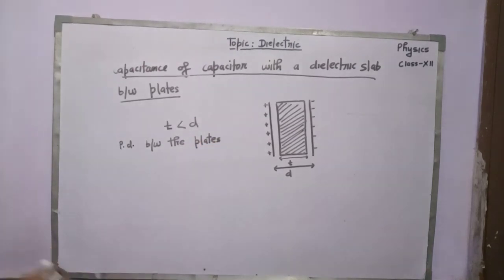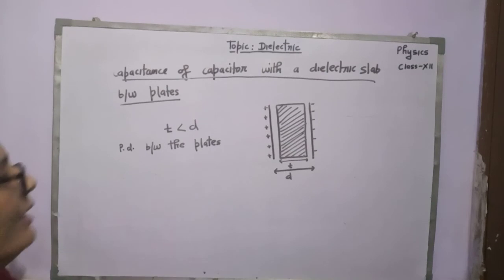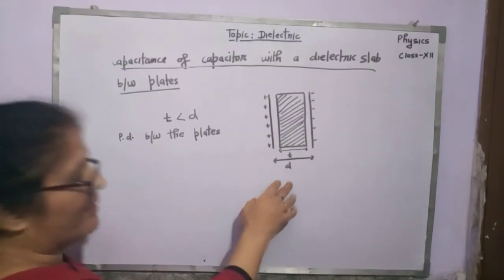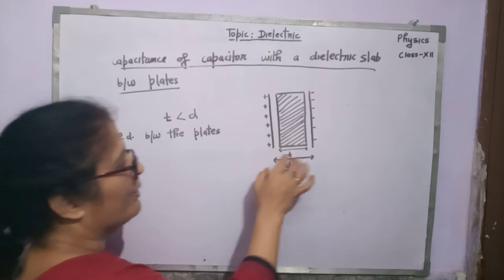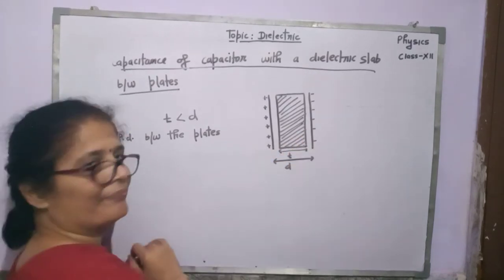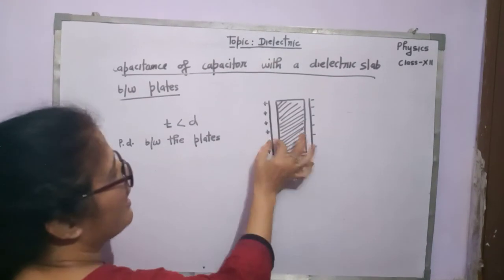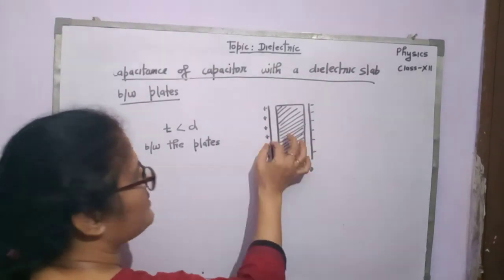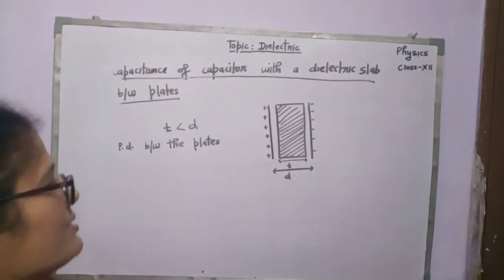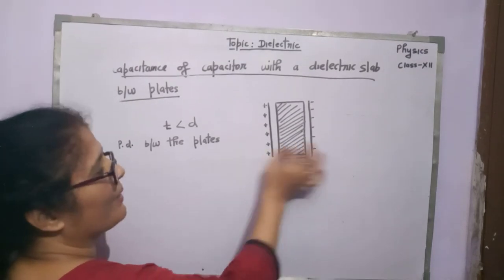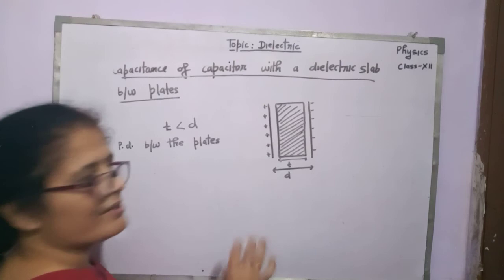Now, D in the absence of the dielectric slab is in air. Now T is in the dielectric slab. Which portion is in air? Only this and this portion. How can this and this portion be determined? By subtracting T from distance D. Then we get this plus this portion which is in air.